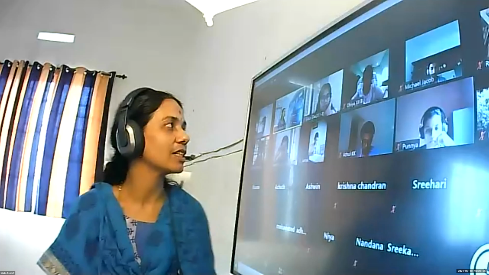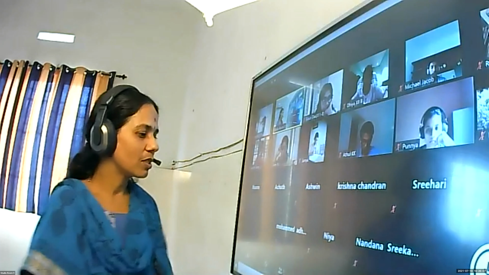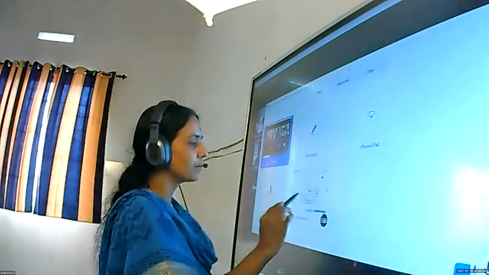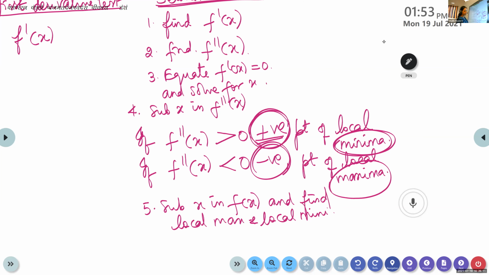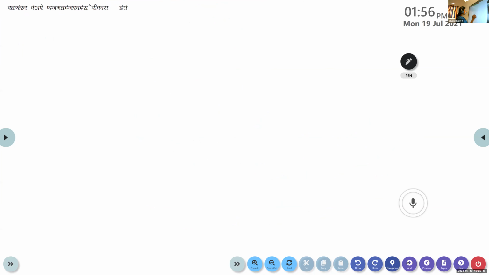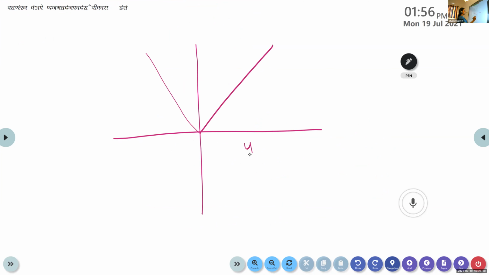It is a V-shaped curve, isn't it? So this is the graph of y is equal to mod x. What is the maximum value of this function? What is the minimum value?